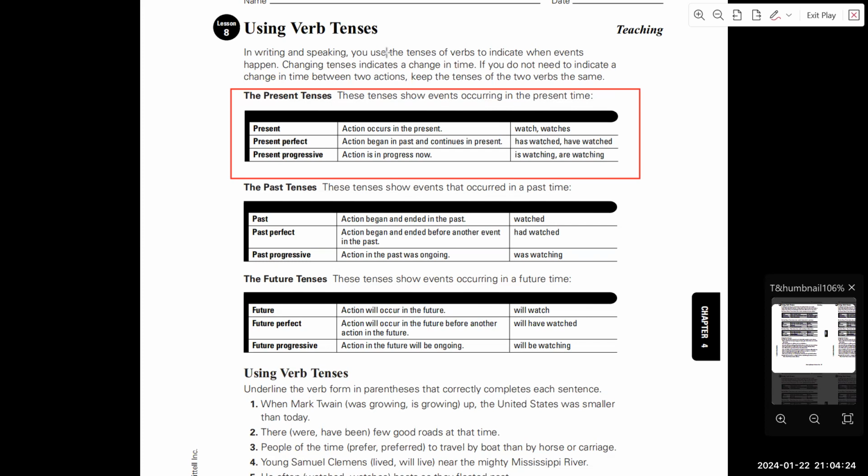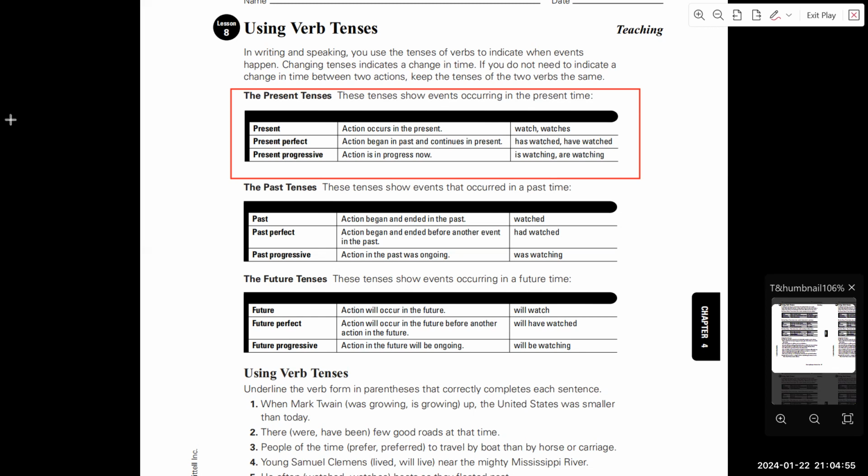And then if it's present perfect, what action? Action began in the past and continues in the present. Okay, that's right. And present progressive? Action in progress now, is watching. So that is the form of the present tenses.